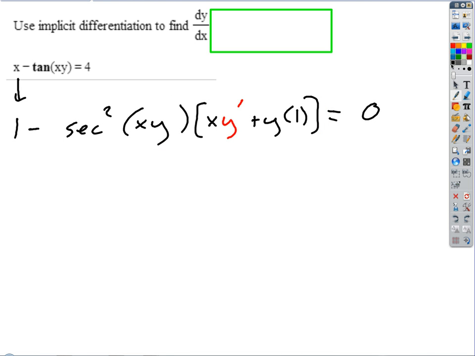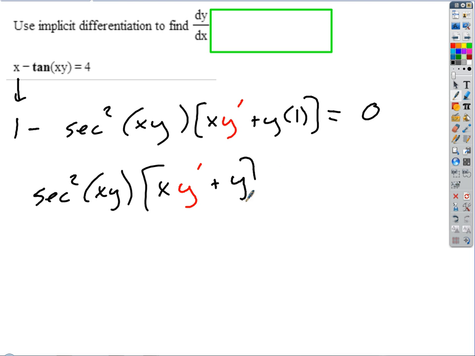So we end up with secant squared xy times the quantity x y prime plus y equals positive 1, right?